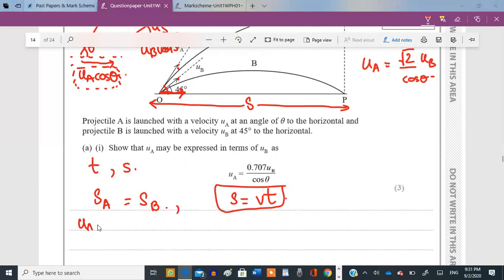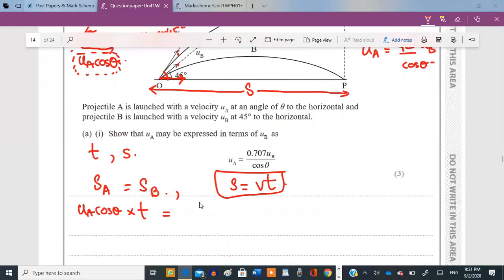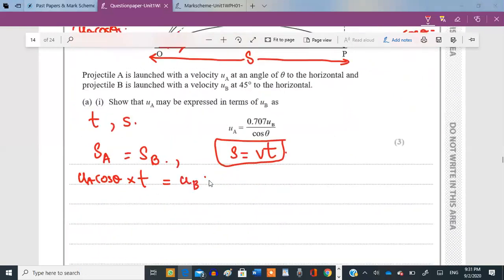So UA cos of theta multiplied by the time must equal the velocity of B, which is UB cos of 45, multiplied by its time period.